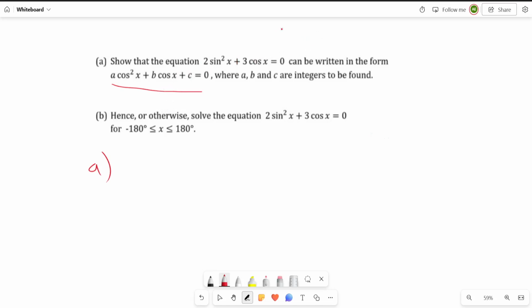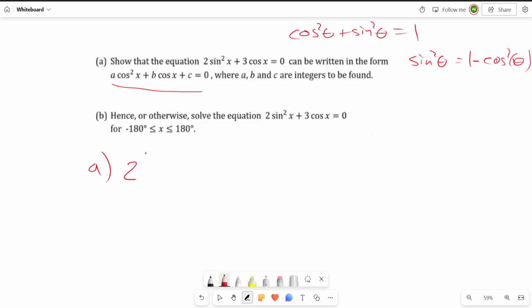And I know from my Pythagorean identities that cosine squared theta plus sine squared theta equals 1. So that makes sine squared theta equals 1 minus cosine squared theta. Okay, so I can replace this sine squared theta with 1 minus cosine squared theta.